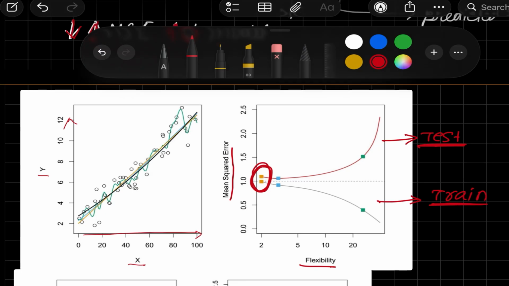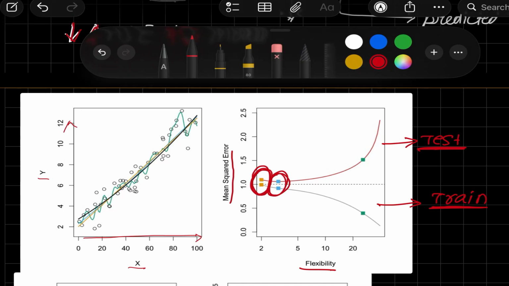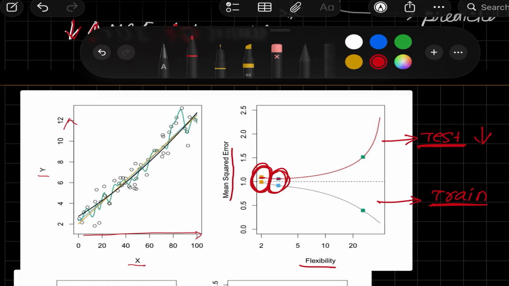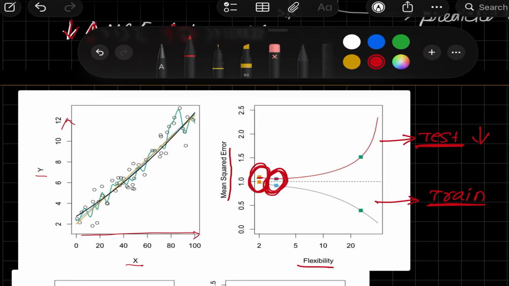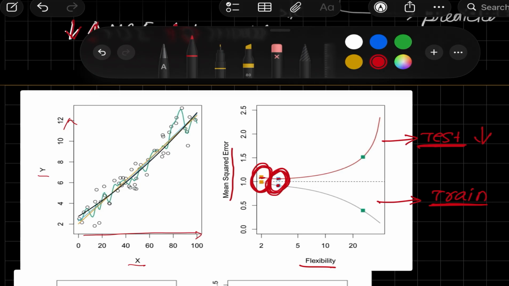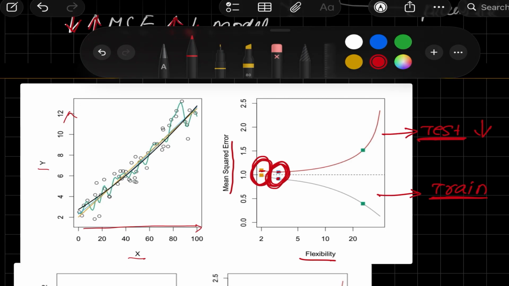Okay, if we see the blue model, what it is doing, you can simply see that it is lower than the yellow. The blue is lower than yellow, which means the test MSE error is lower than the previous one. So I can consider this, because this is lower than the previous one, and the training error is also lower than the previous one.